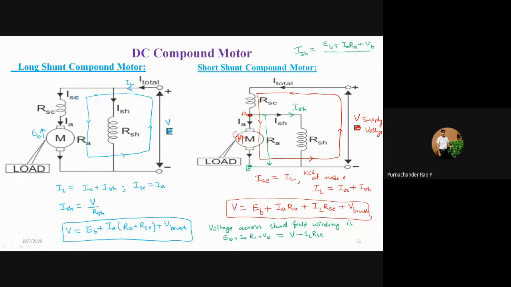This is also equal to our terminal voltage V minus IL into RSE, divided by RSH. So this is the value of the shunt field current which is passing through the short shunt compound motor.